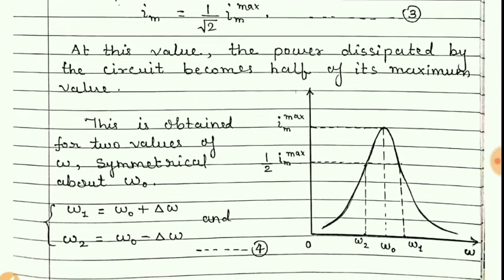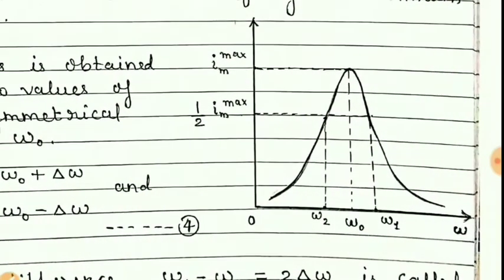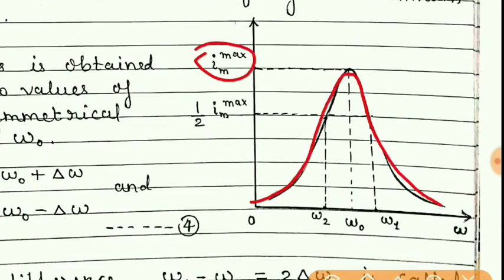You can see in this figure that this is the maximum value, Im maximum. But when we divide this value by root 2, this value will decrease and we will get this point now.